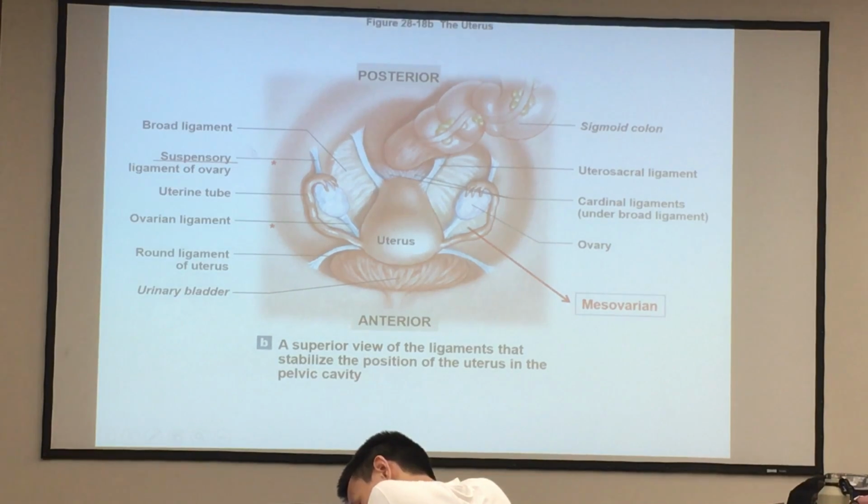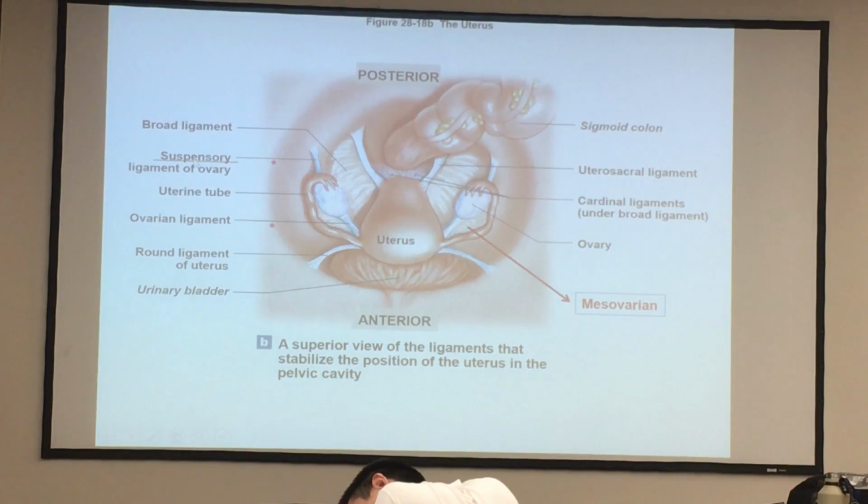Yeah, one connects to the back side of the body wall, and this is the suspensory ligament. Suspend. Okay, hold it. The other one is the ovarian ligament, connecting to the very strong muscle of the uterus.